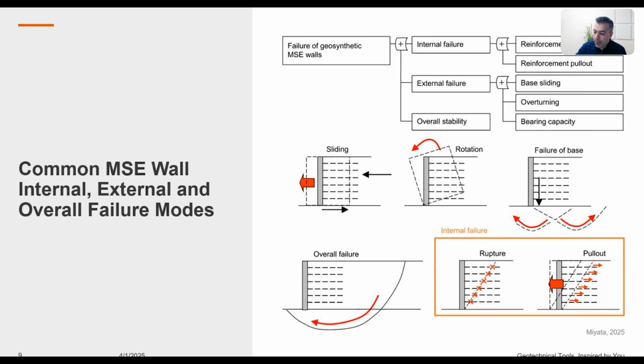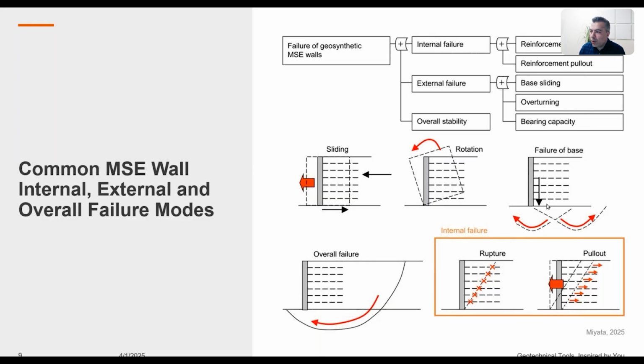So, what are the typical failure types of retaining walls? This image shows an MSE wall, which has reinforcement as well, so it has one additional level of failure mechanism. But basically, retaining walls can fail externally, like sliding, overturning, and bearing capacity.